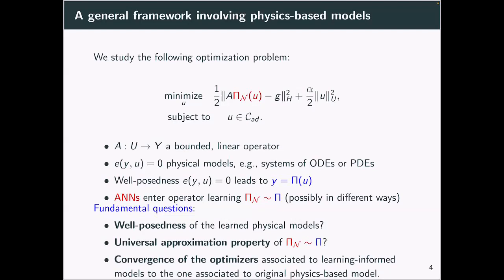And what about error bounds between them? So in this project, we have actually answered these three questions to some extent, of course, based on some assumptions. And because of time constraint, I will not present the details of the results.